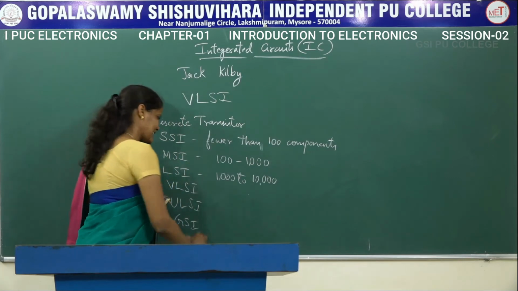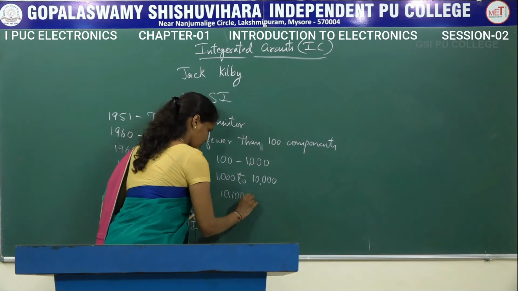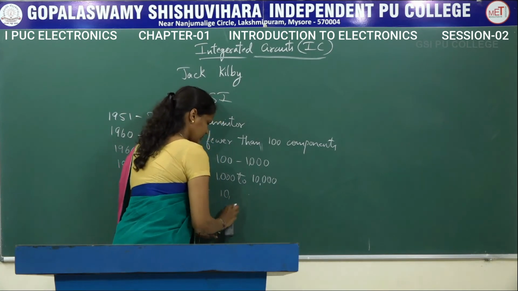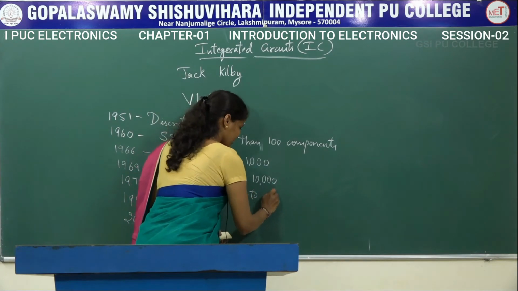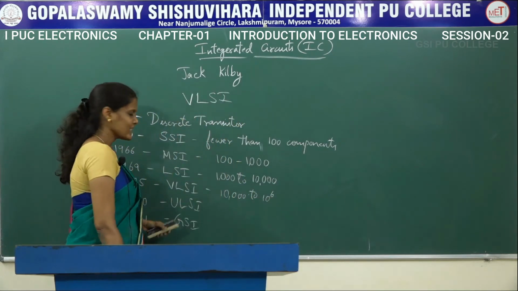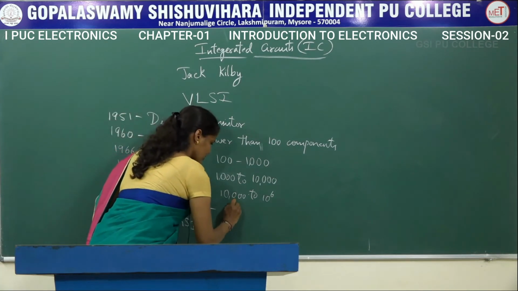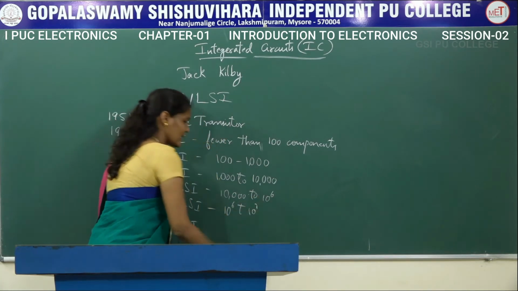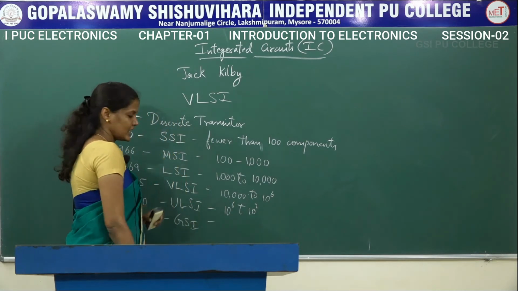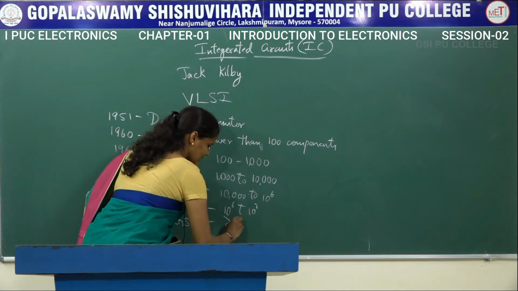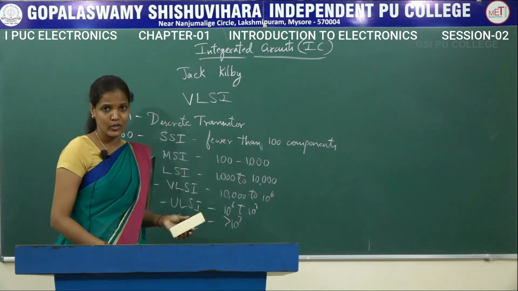In very large scale integration, 10,000 to 10 to the power of 6 components. In ultra large scale, 10 to the power of 6 to 10 to the power of 7 components will be placed. In giant scale integration, more than 10 to the power of 7 components will be placed on a single silicon wafer.